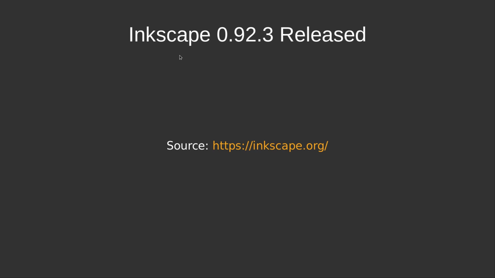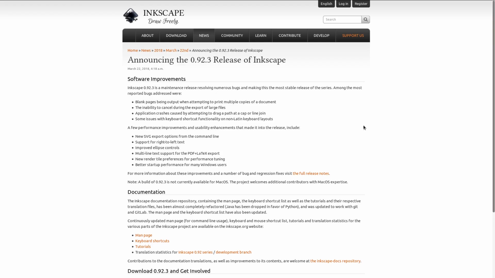Up next, Inkscape 0.92.3 release. This is perhaps the most popular vector graphics editor, and although this is also a point release, there are a few performance improvements and usability enhancements that are worth mentioning.